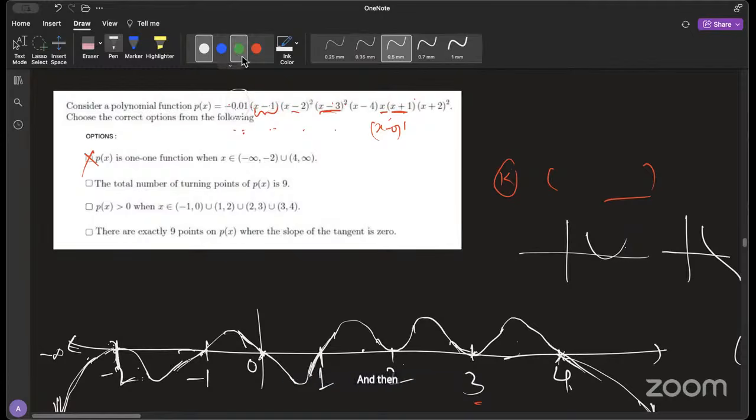And then the total number of turning points will be, so we know that the maximum number of turning points is n minus 1.